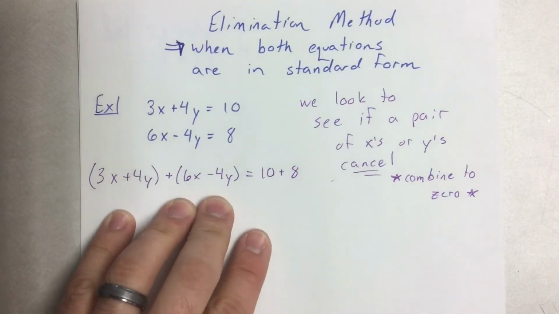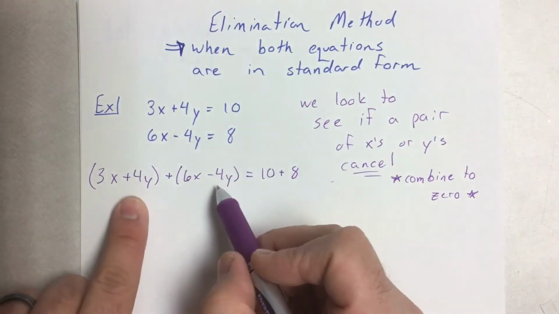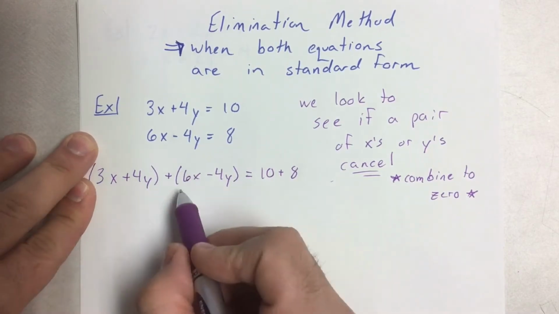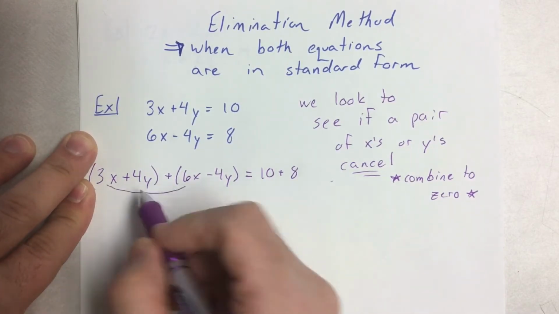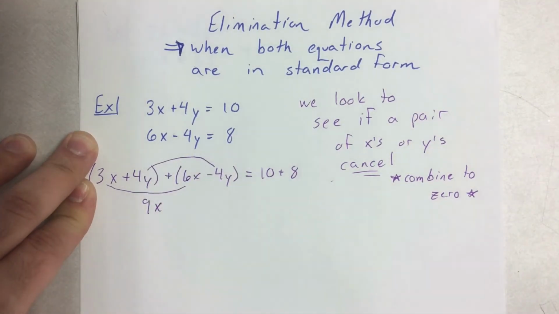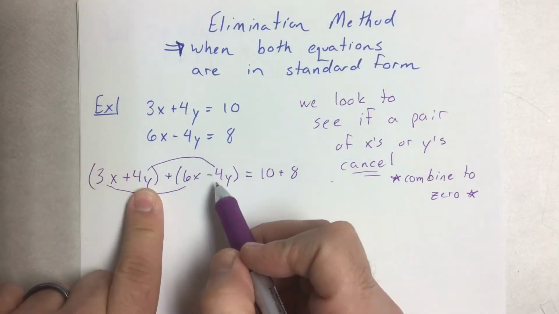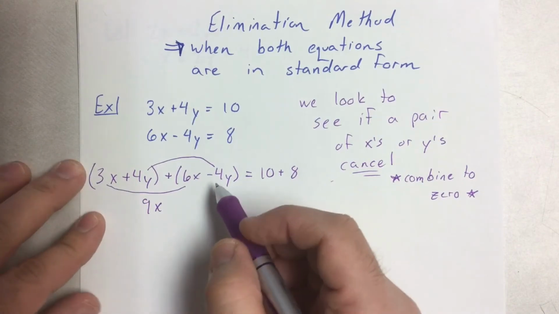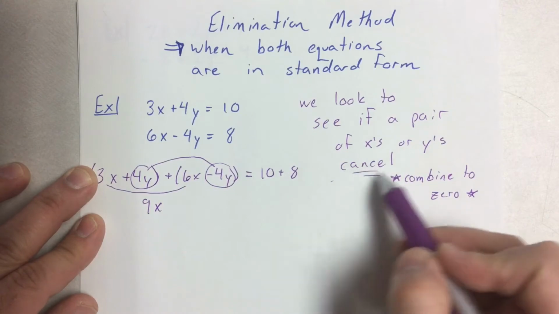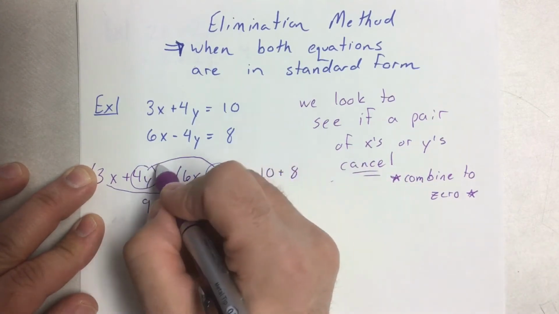So now, doing this, we can combine like terms. I see a 3 and a 6, which combines to 9x, and we see a positive 4 and a negative 4, and they cancel. The positive 4 and the negative 4, that's what it means when they cancel. They eliminate each other.